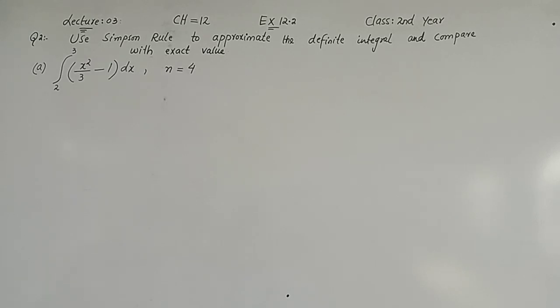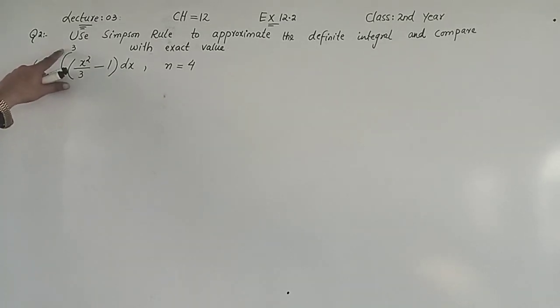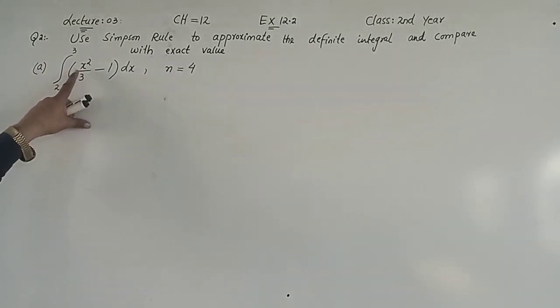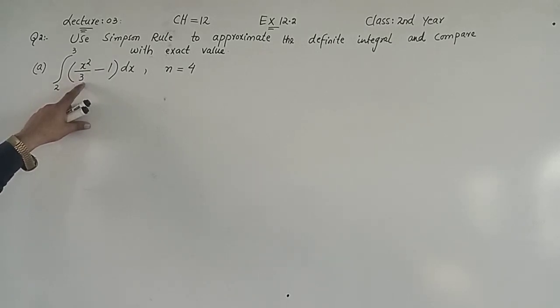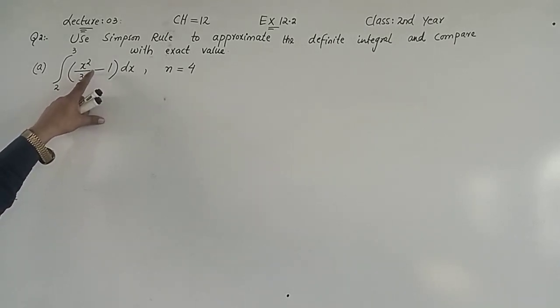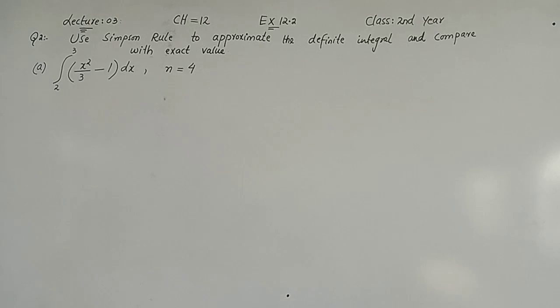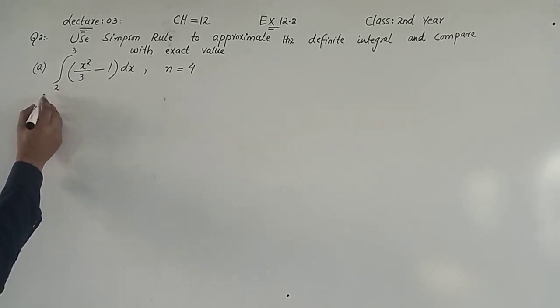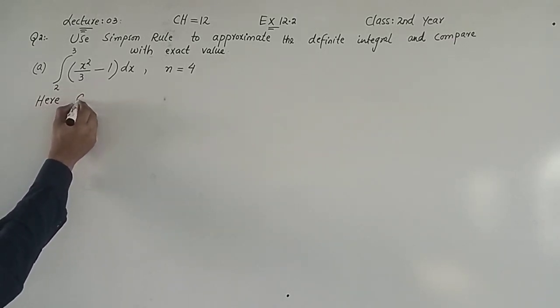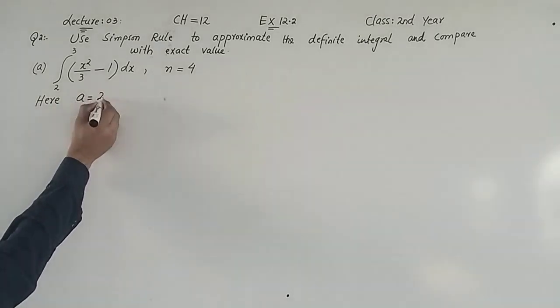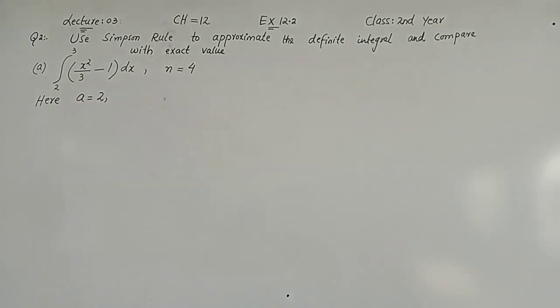Question number 2 part A, integration from 2 to 3 x square divided by 3 minus 1 dx, n is equal to 4. Here a is equal to 2, lower limit of integration.